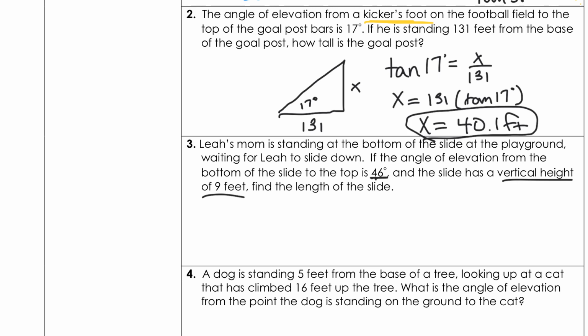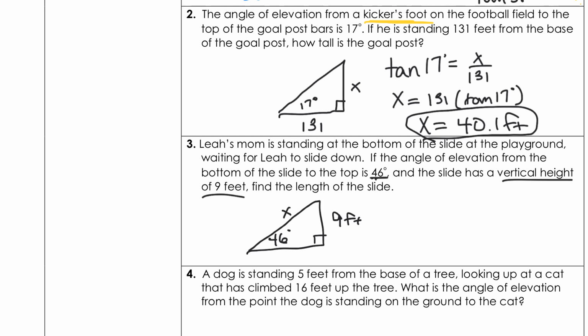We have, once again, a right triangle, as in our last example as well. The angle of elevation is 46 degrees. We're told that it has a vertical height of 9 feet. We want to know how long the slide is.